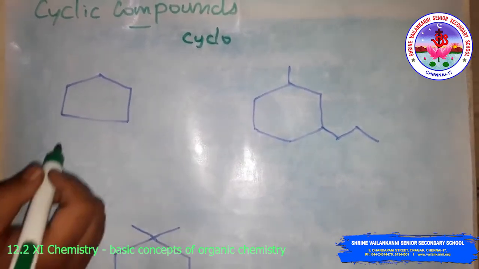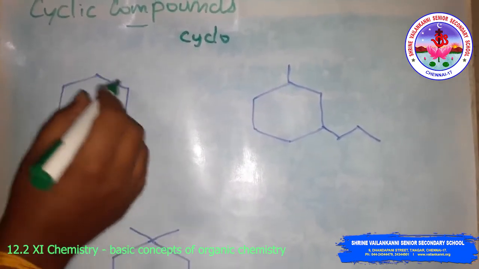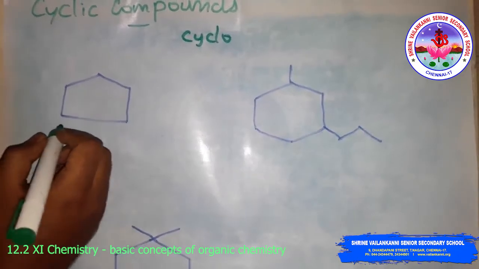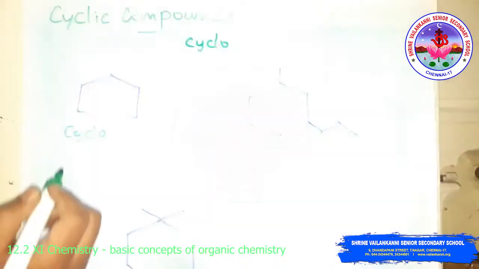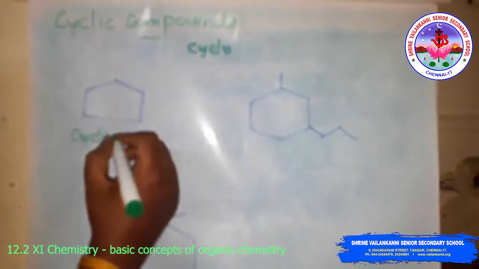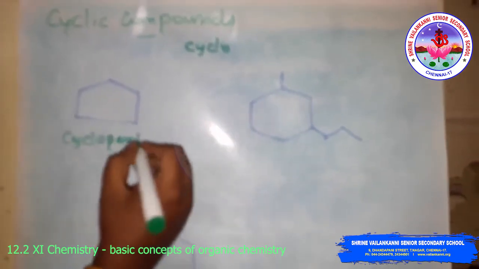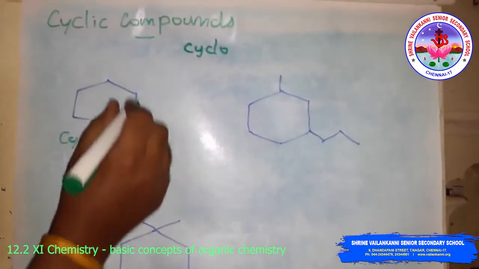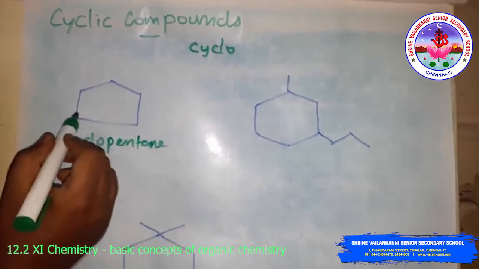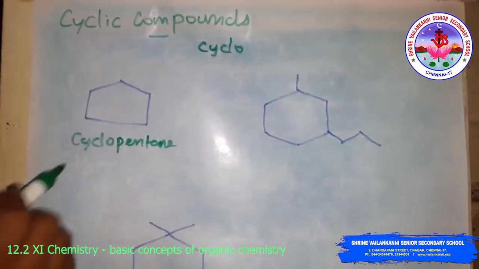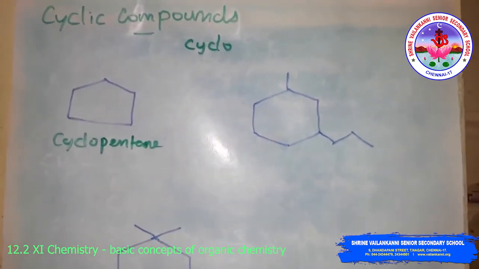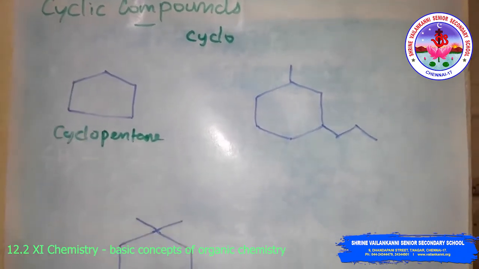This has 5 carbon atoms, so this is cyclopentane, because 5 carbons are present here: 1 2 3 4 5. So cyclopentane, and the prefix here is cyclo, because this is a cyclic compound.